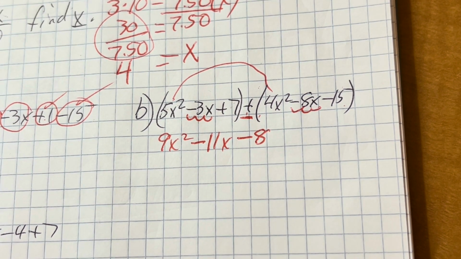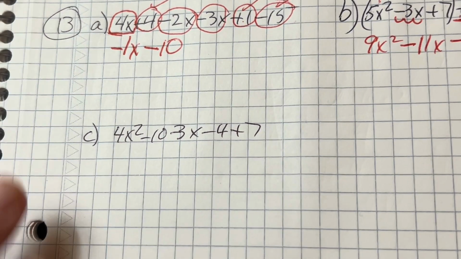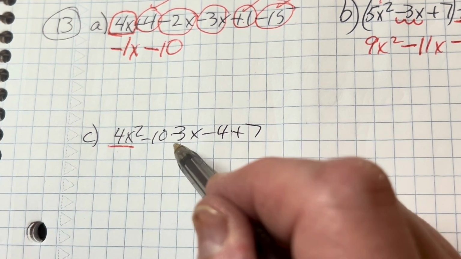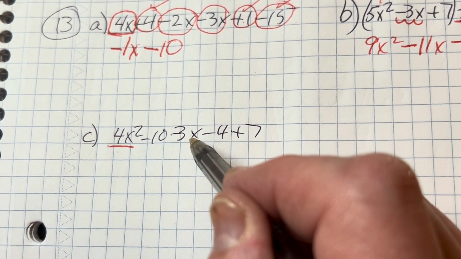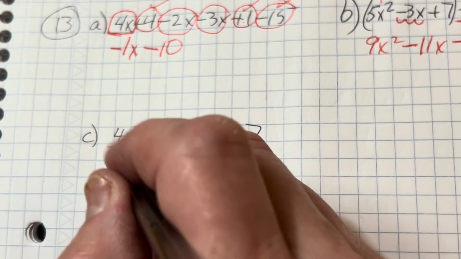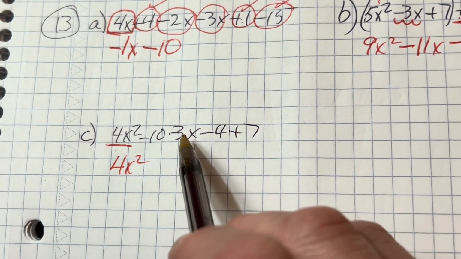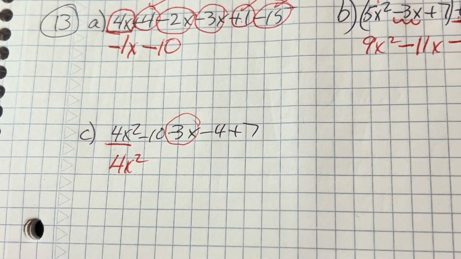Can I combine anything else? No, certainly can't. That's it. From here, I see a 4x squared. Can I combine it with this -3x? No, I can't. This will remain 4x squared in my final solution. I have an x term. Can I combine that with anything else?